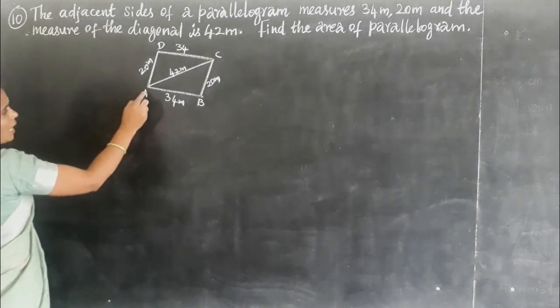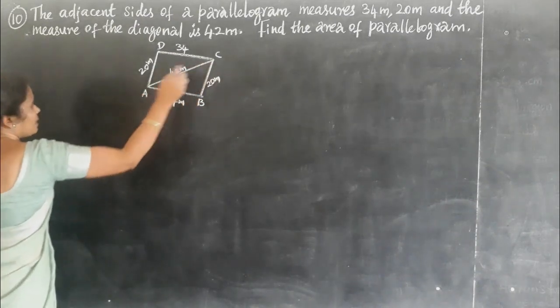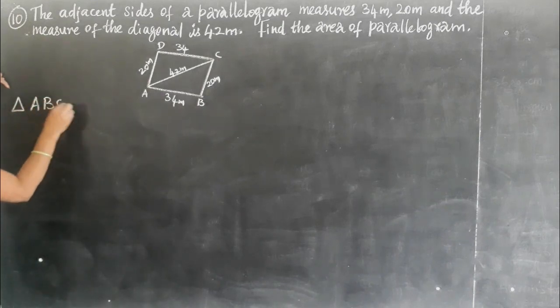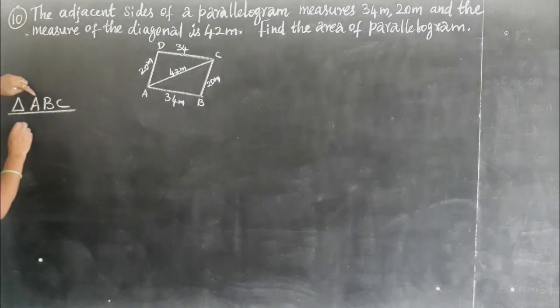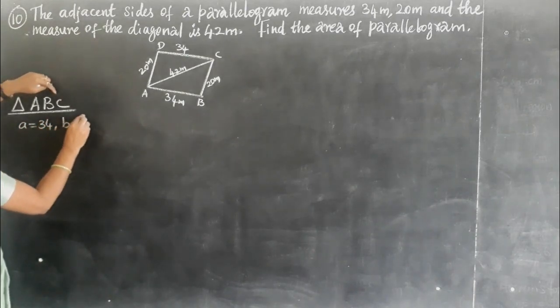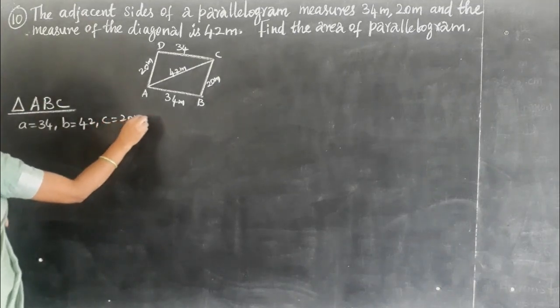First of all, I am going to take triangle ABC. A is equal to 34, B is equal to 42 and C is equal to 20 meter.